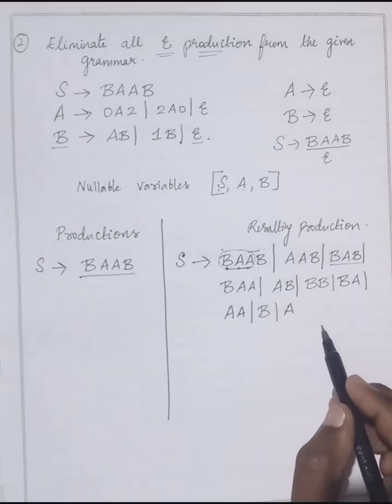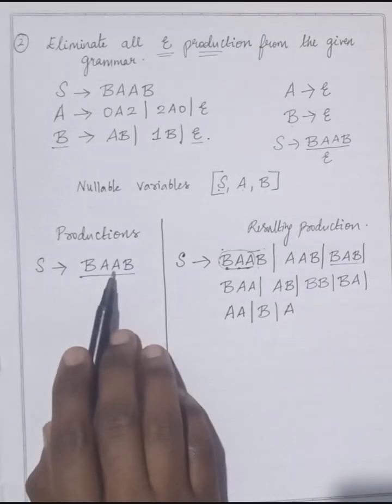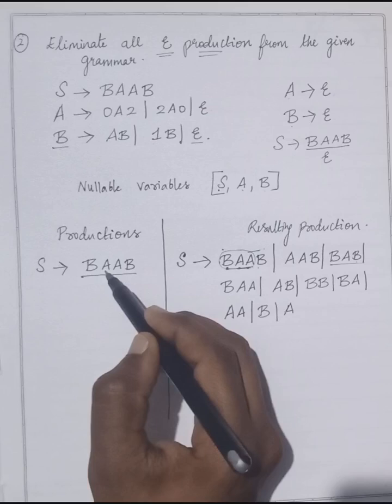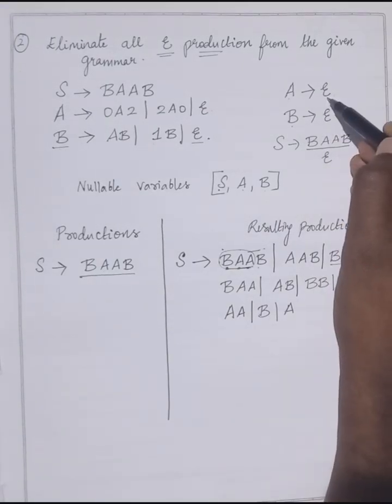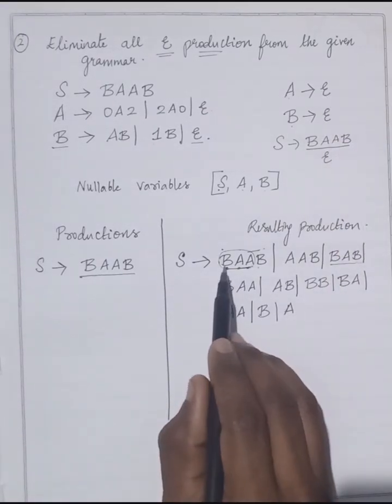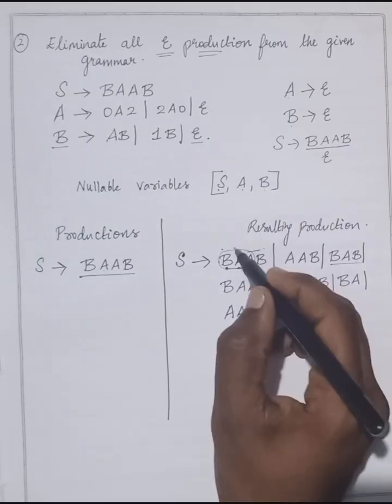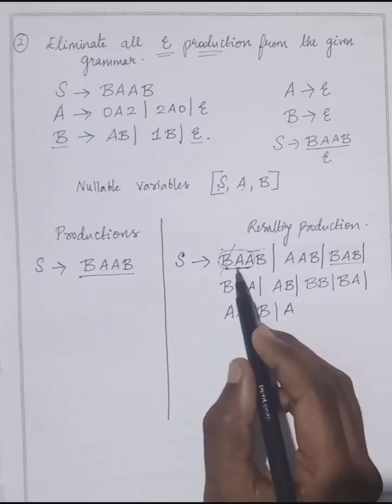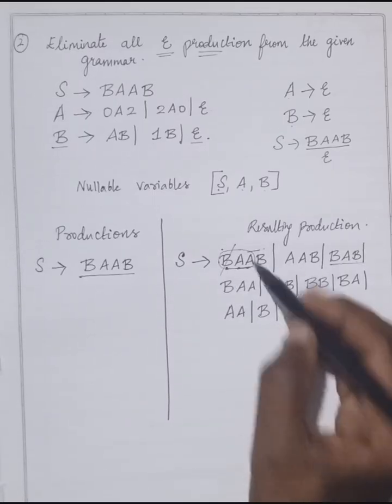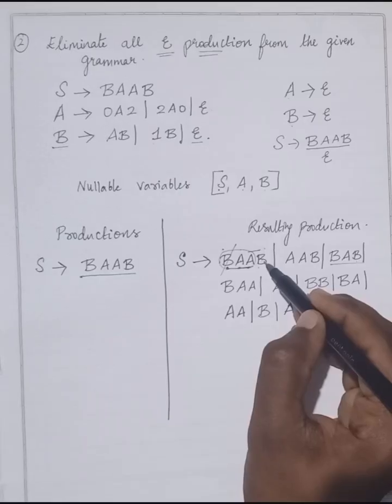I'll repeat once again, just for clarification, what we are doing. Instead of writing that A can be substituted with epsilon, we are trying to substitute each and every variable with a combination. First we assumed one element becomes epsilon, and what are the different combinations we get. In the same way we need to do it for all the variables.